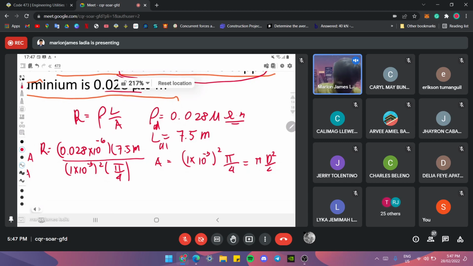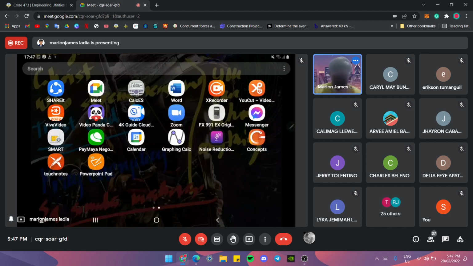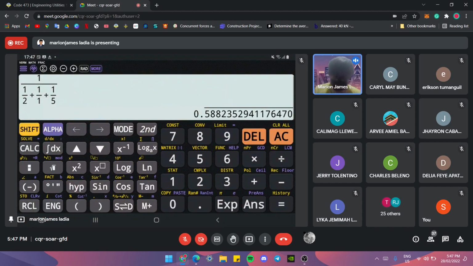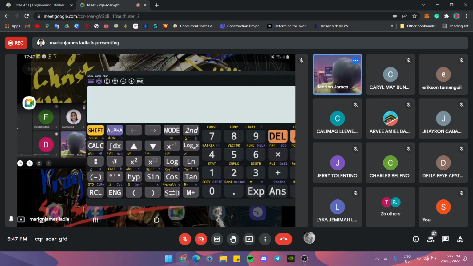Makukuha natin yung R natin. Ito yung gamitin kong R para makita nyo kung paano mag-store. Okay? So another thing naman, no? Mas maganda pa pag alam nyo itong calculator nyo, alam nyo mag-store, ganyan.